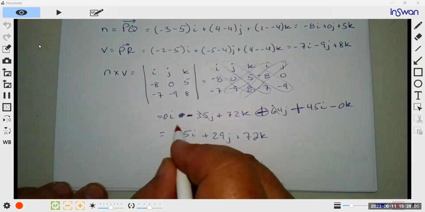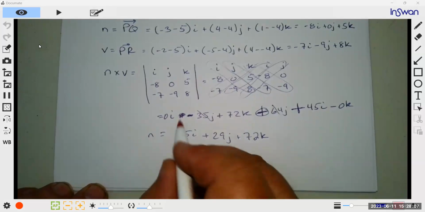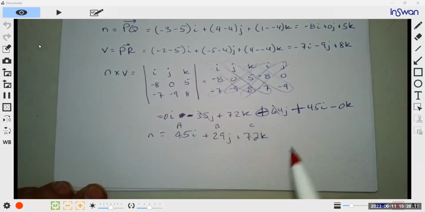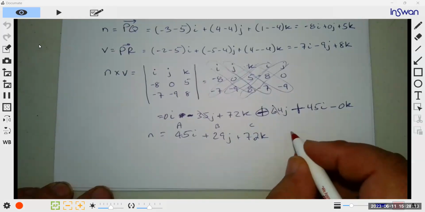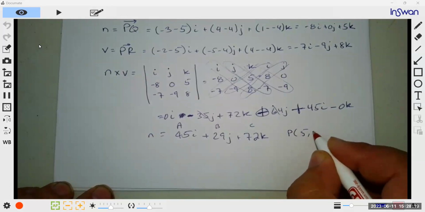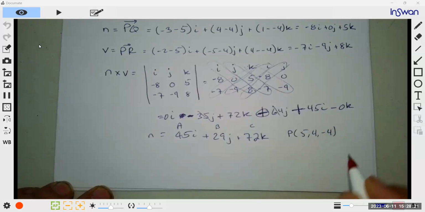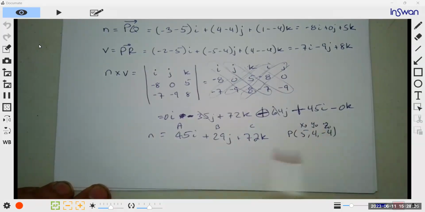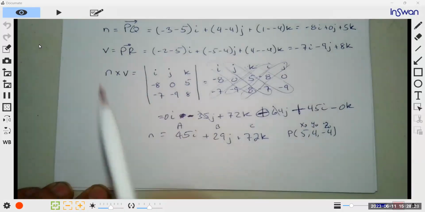All right, so here this is our N. This is our A, B, C. And for our point, we can use the same one. I'm using (5, 4, -4). This is my x sub 0, y sub 0, z sub 0, since that's the point in common.